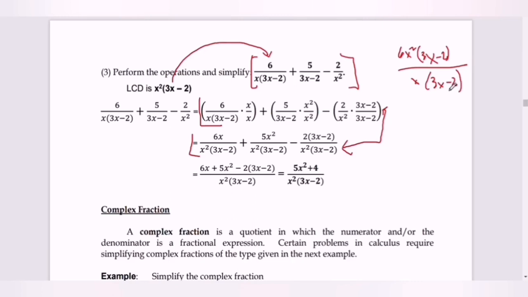As you can observe here, 3x minus 2 will be cancelled, and also the x. So the remaining would be 6x.